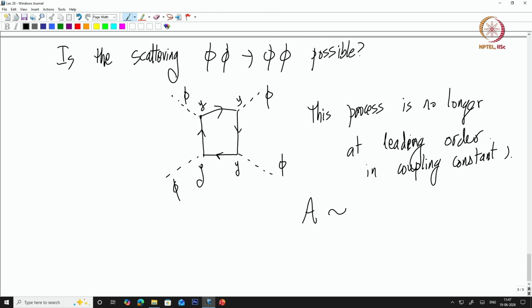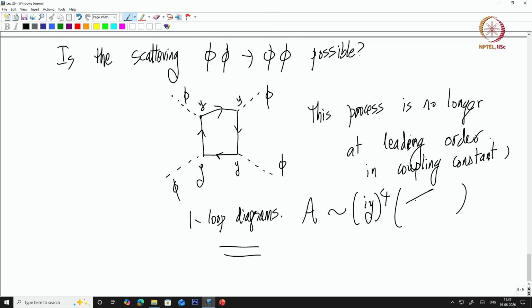What do I mean by leading order? The leading order diagram of phi phi scattering appears at these diagrams, which are called higher order corrections, one loop diagrams. These diagrams are called one loop diagrams, and they go as y to the power 4 times something, plus some complications.